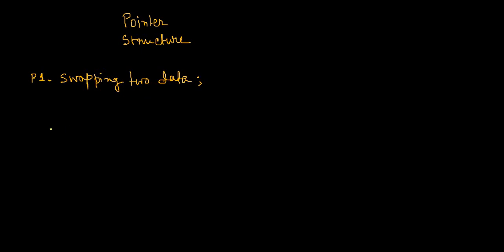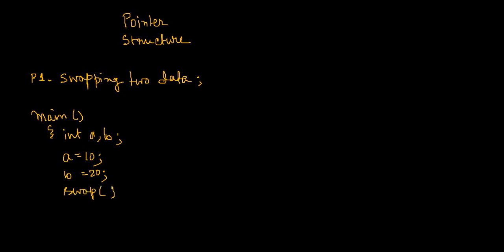For example, let's take a situation where you have a main function, and here we have a variable int a and b also, and suppose a contains 10 and b contains 20. Here, suppose I use a swap function as a void function, and I have to pass this a and b.